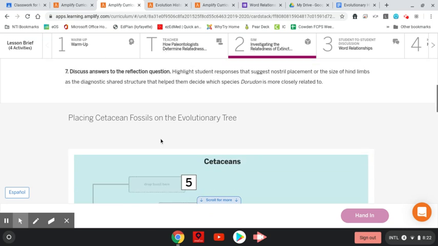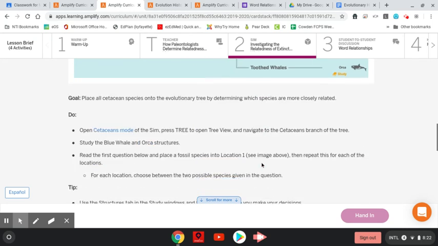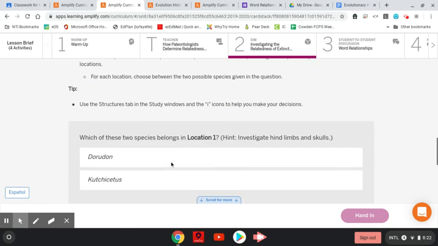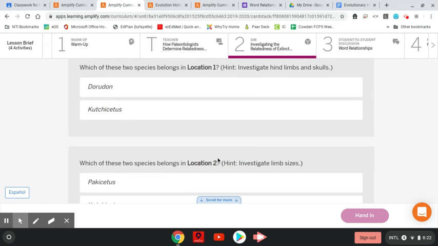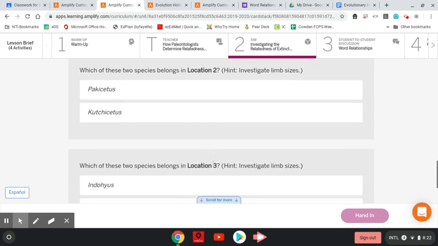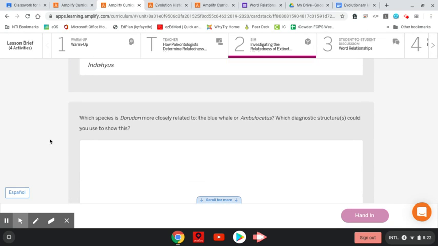So, we have done the simulator, and it's all going to look back at the simulator, so you're going to want to either keep the simulator open or keep my document open with the picture. The first one is just what did we have for location 1, what did we have for location 2, 3, 4, and there we go. Now, the actual question down here is which species is Durdrum more closely related to?